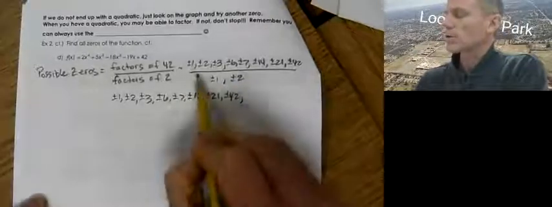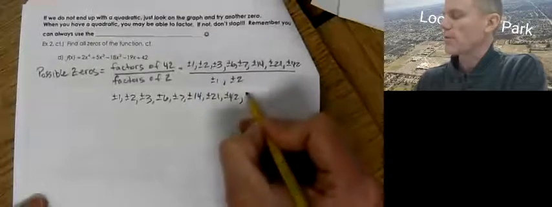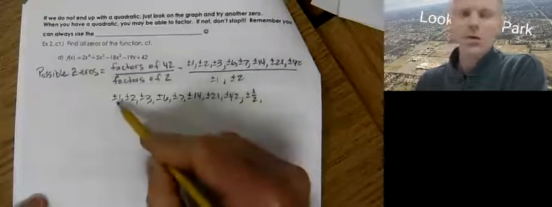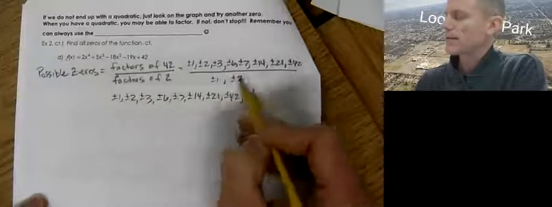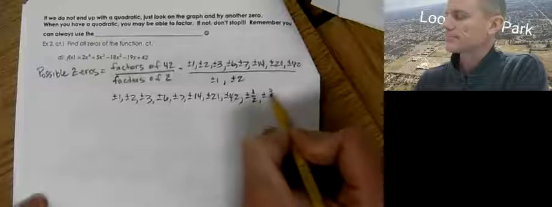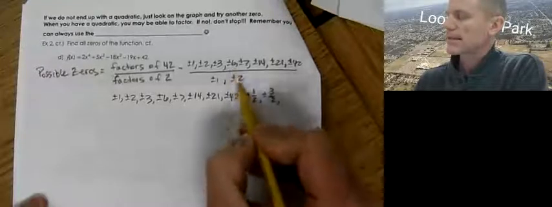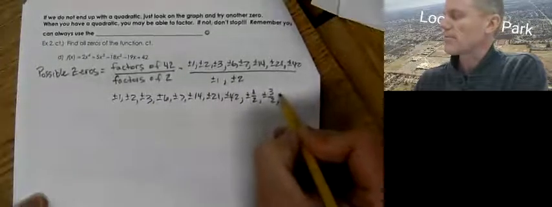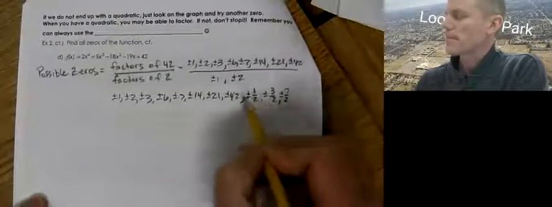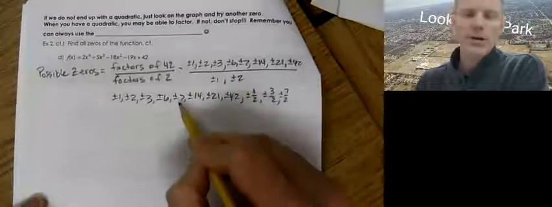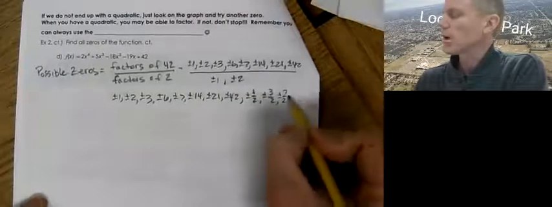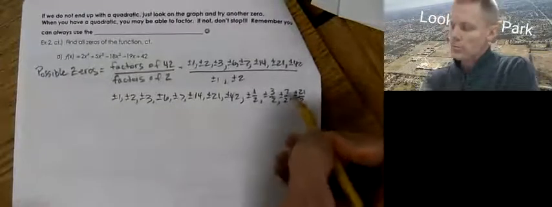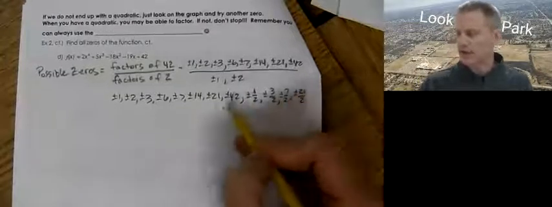So I'm also going to consider 1 divided by 2. 2 divided by 2, well, we already have that. 3 divided by 2. 6 divided by 2, we already have that. 7 divided by 2. 14 divided by 2, we already have that. 21 divided by 2. And we already have 42 divided by 2.